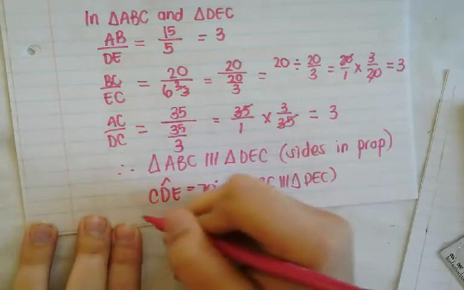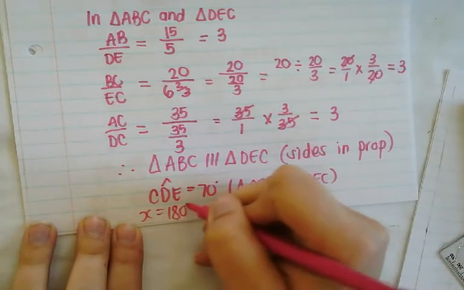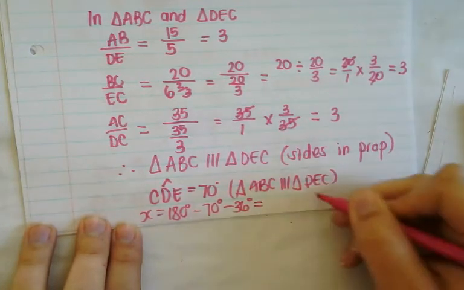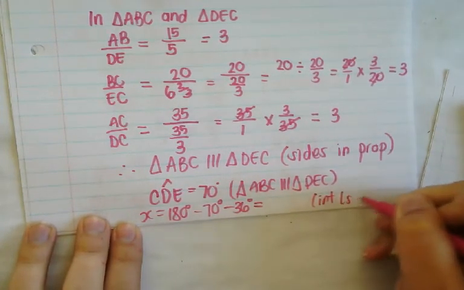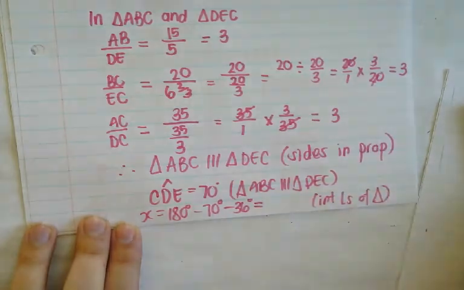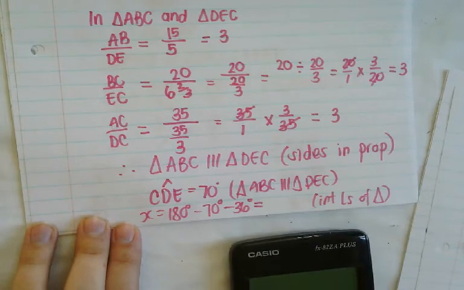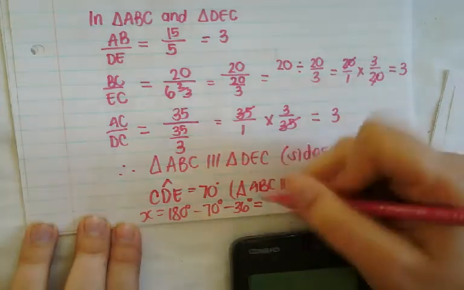Then I can say x is equal to 180 degrees minus 70 degrees minus 36 degrees, which is equal to what? Interior angles of a triangle. So there should be 110, 180, 74, I think. 74 degrees.